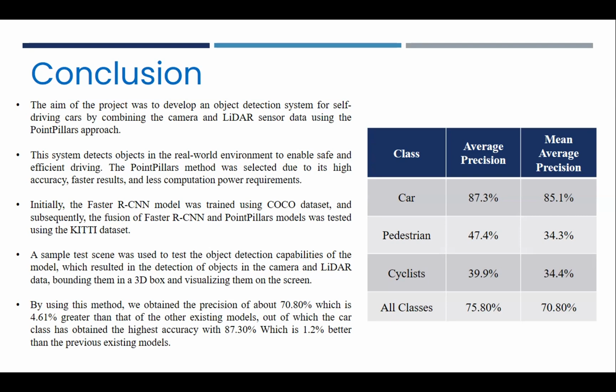Here we have used the Faster RCNN method and the PointPillars method, and we have used 2 different data sets: the COCO data set for training and the KITTI data set for testing. We ran sample test cases differently on the different data sets, and we have obtained better results when compared to the individual algorithms. So this is what we want to conclude.